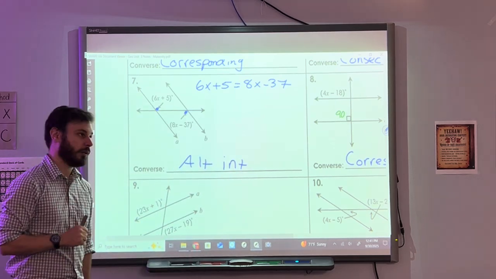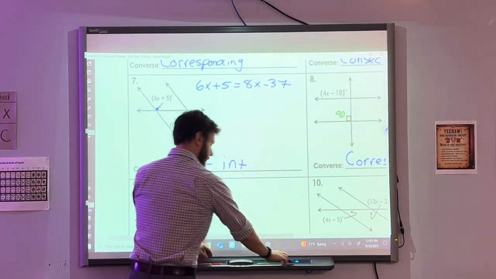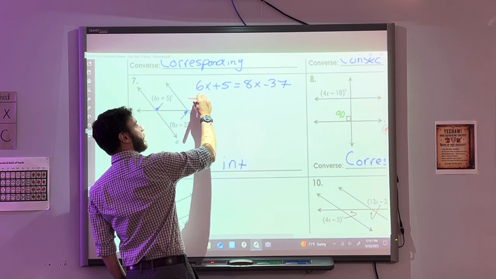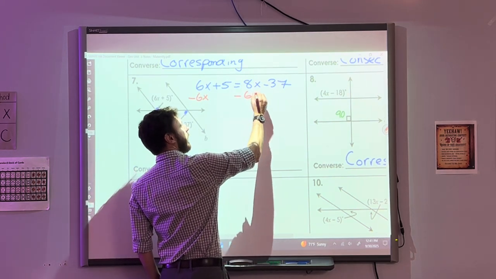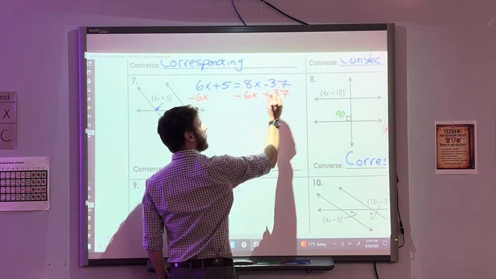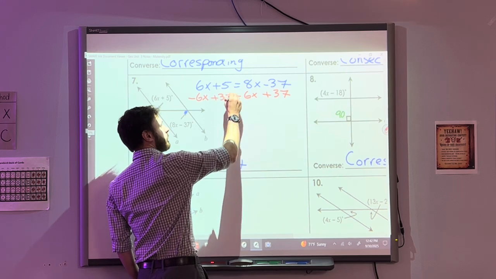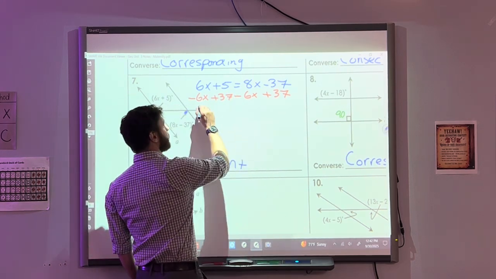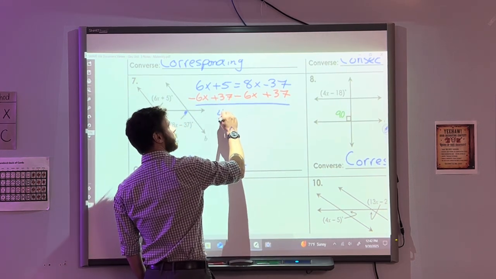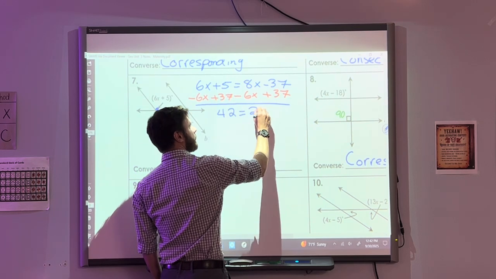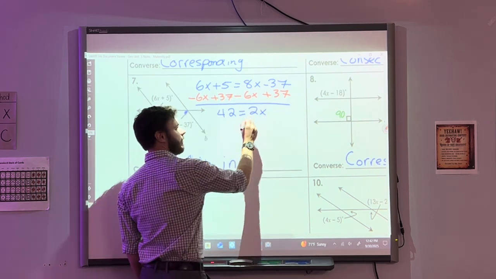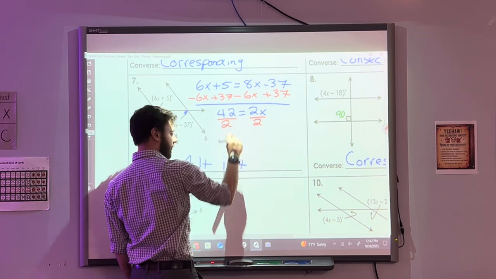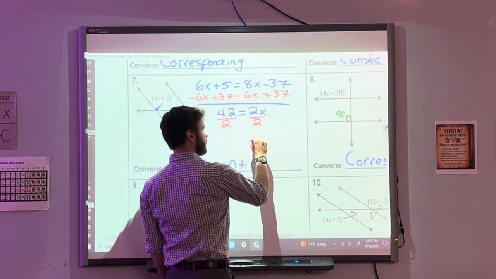So I have alternate interior. Now, I'm going to move the smaller x, and I'm going to give something back. Lastly, I'm going to divide by whatever I have left in front of the x.